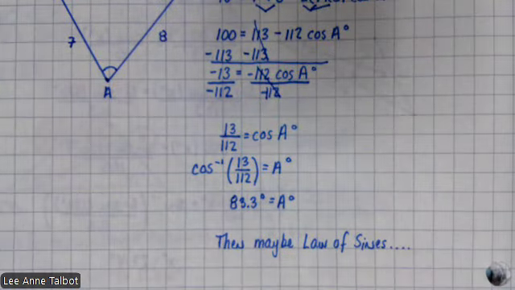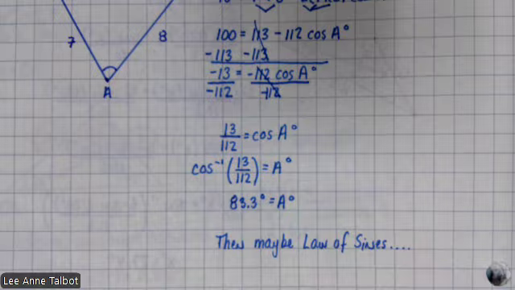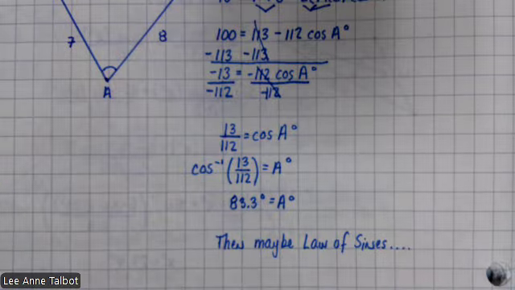Okay. Now that you have two angles across from each other, then you could do law of sines, and then add the angles together to 180 to finish solving the triangle. This is just side-angle-side.